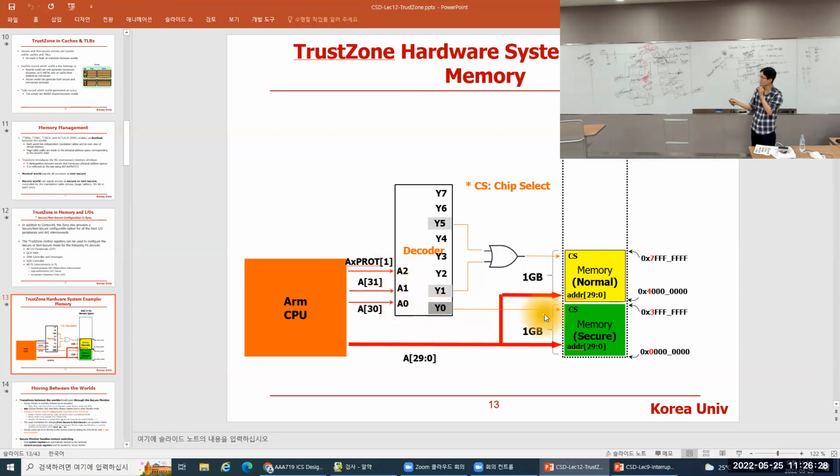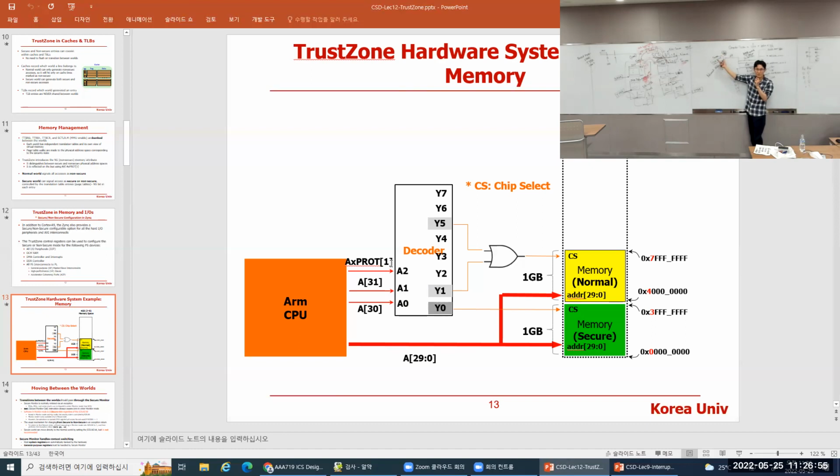Then you are accessing secure memory, secure the last one. Then should be 0, 0, 0. Okay. So AXPROT is 0. Then you are in secure state. You are in secure state.